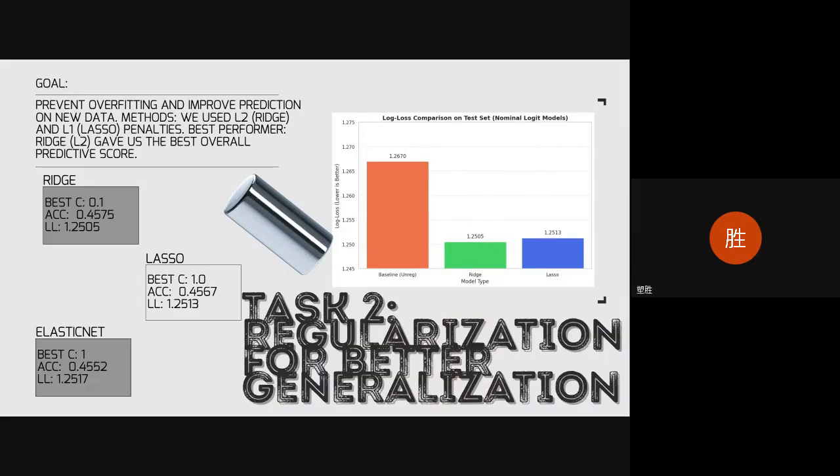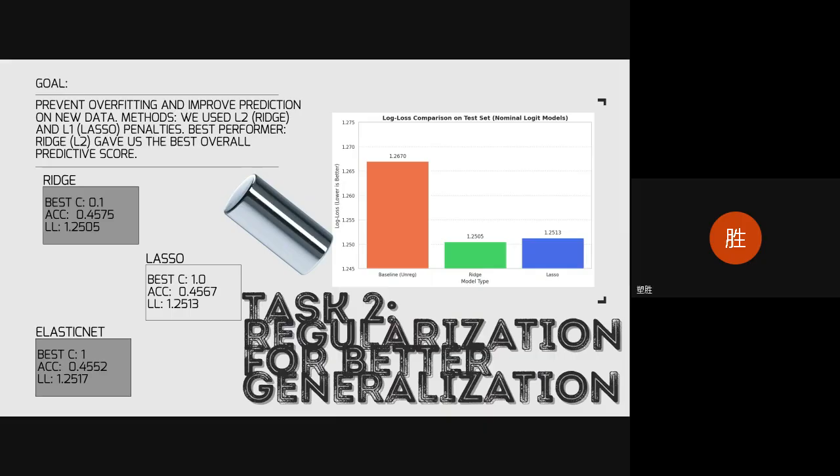And elastic net is a combination of both. The best result that we got is Ridge, where log loss was 1.25 in the test. You can see it on the graph.